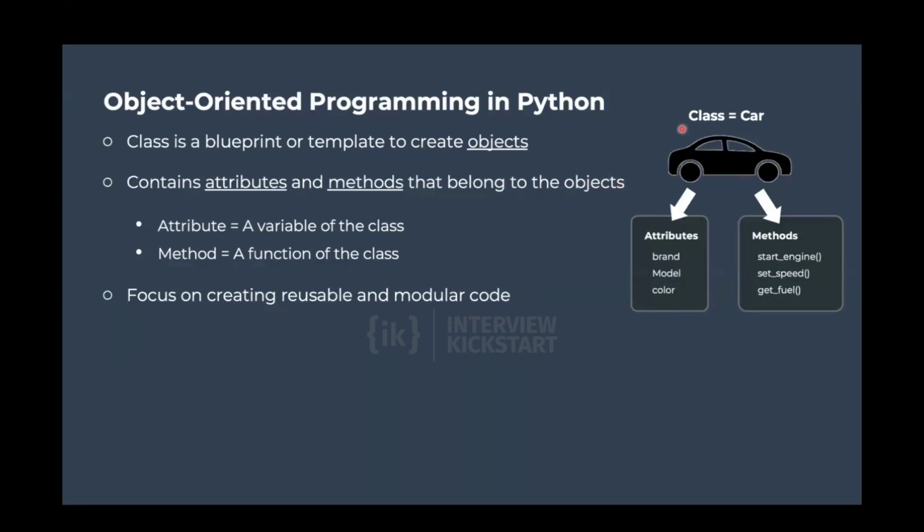The working example throughout the slides for object-oriented programming is a class which I'm going to call Car. So it's going to be the class of cars, where it comes with some attributes and some methods. In our first example, the attributes of this class are going to be the brand of the car, the model of the car, or the color of the car. And we have some methods, for example, start engine, set speed, get fuel.